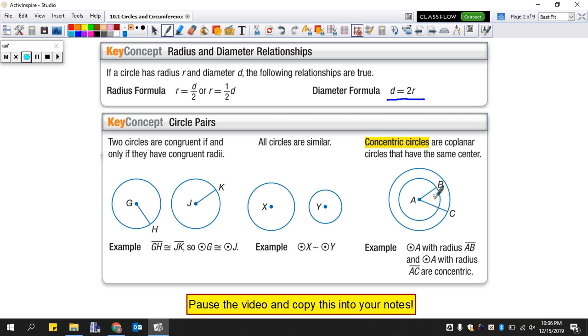So you have circle A that has a radius of AB, and you also have a circle A with a radius of AC. There's two total different circles there. So pause the video and copy these notes into your notebook.